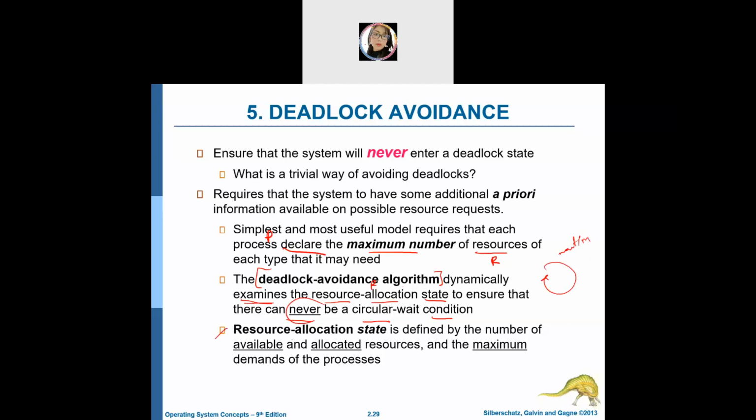And lastly, the resource allocation state is defined by the number of available and allocated resources and the maximum demand by each process.